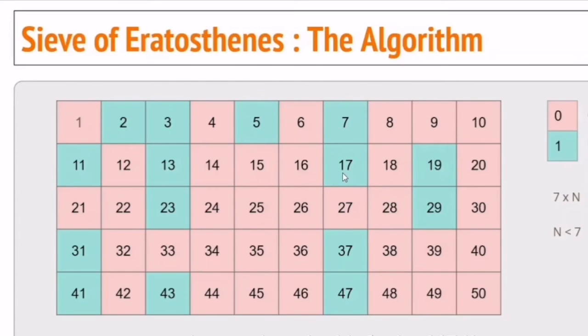Take the example of 17. If no number below 17 is able to divide 17, then 17 has to be a prime number. And if someone was dividing 17, then it would already have been marked as 0. But since it is not marked 0, it is a prime number.